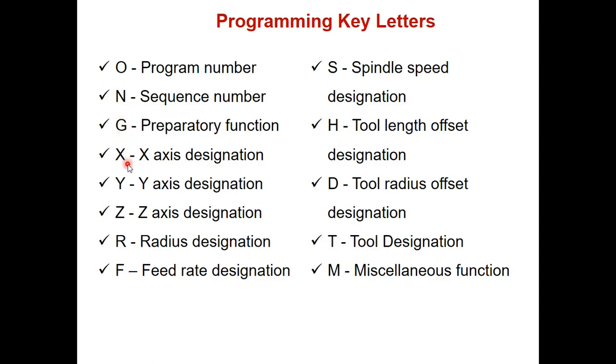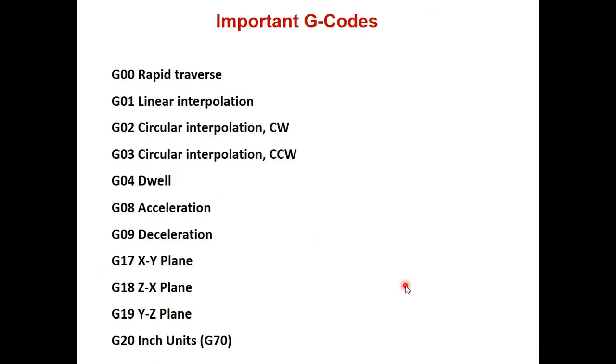X is for the X direction, Y for the Y direction, Z for the Z direction. R is the letter used for radius. F is used for feed rate. S is used for spindle. H is used for tool length offset designation. D is for tool radius offset designation. T is the tool designation. M is the miscellaneous function.